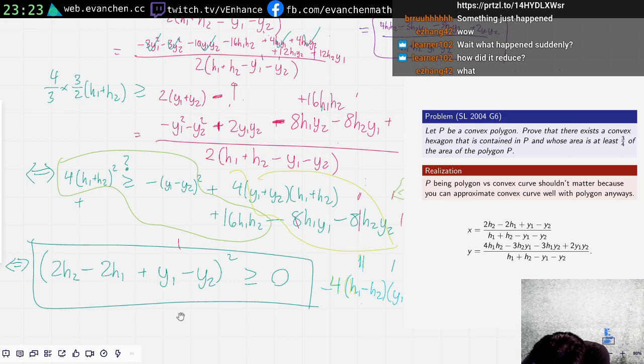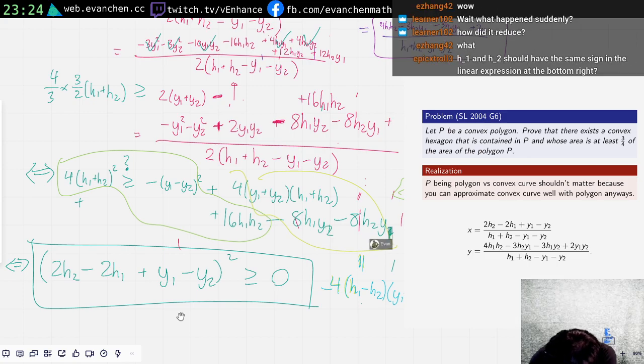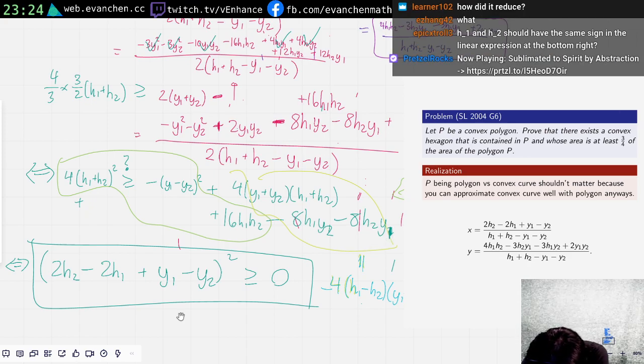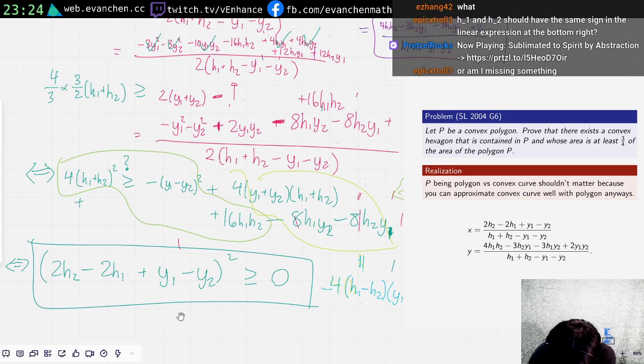Minus 12, H1, Y2. Yeah, this should be 2, 1, and then it's fine. Yeah, I literally just miscopied from the line before.